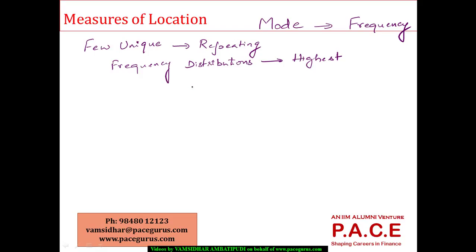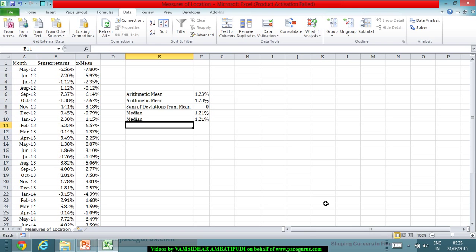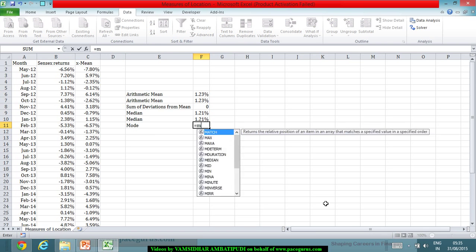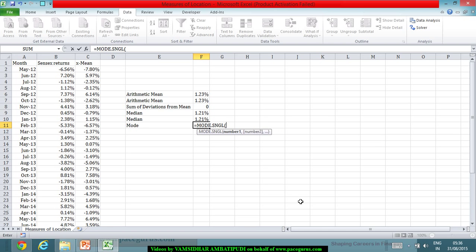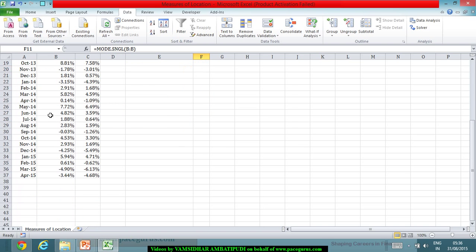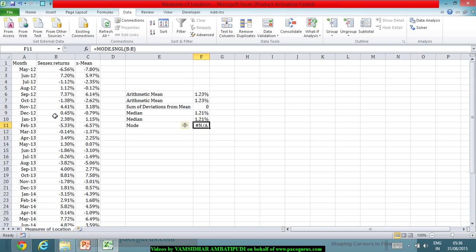Or otherwise, we do have a simple formula in Excel, MODE.SINGLE, which will give me any single mode. Let's look at it. I'll use the formula MODE.SINGLE on this particular data set, which tells me it's not applicable because you hardly have any repeating element here. Generally, it is applicable where a set of values are repeating, but here none are repeating, which is why the mode is not applicable.